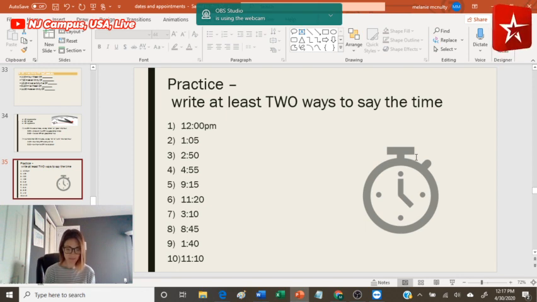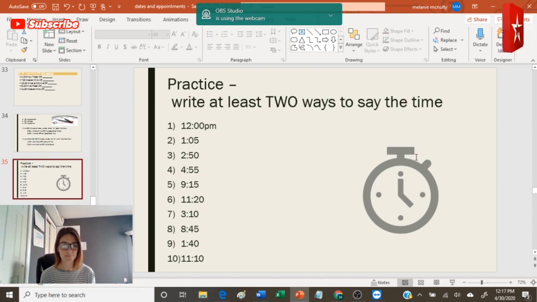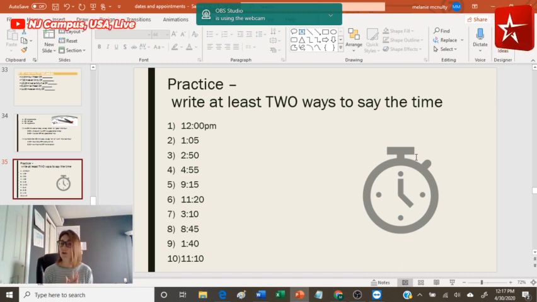Okay? I'll give you a minute. Yep, both are correct. Past and after are both correct. Usually when we use half, we say half past and not half after.